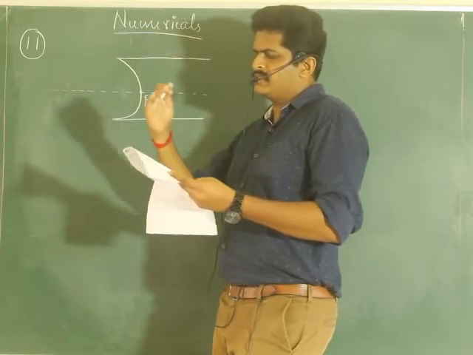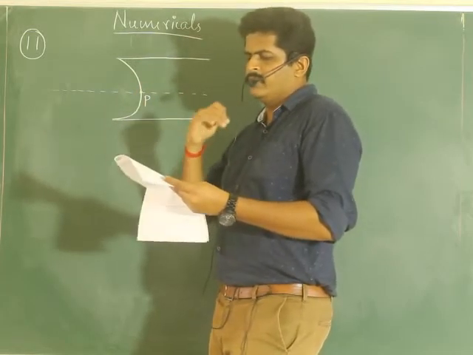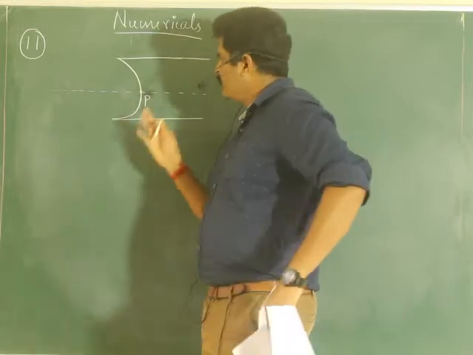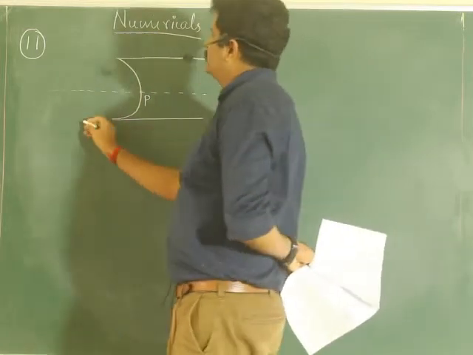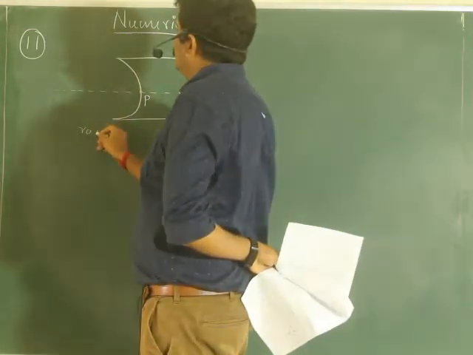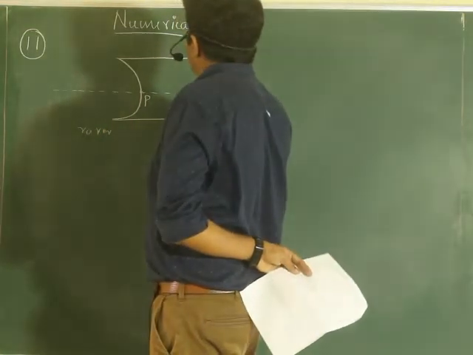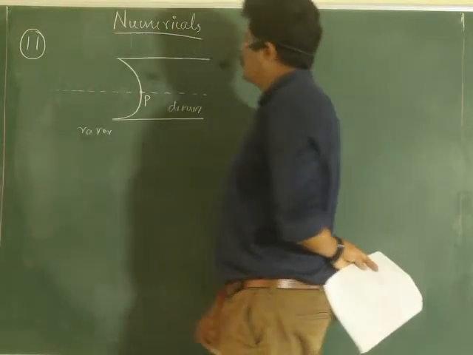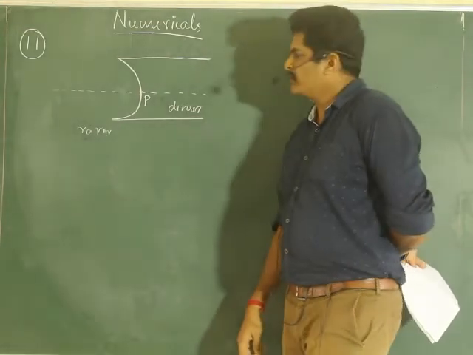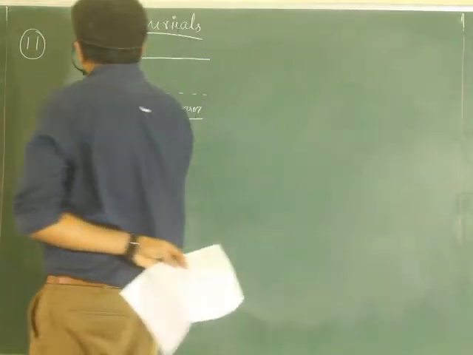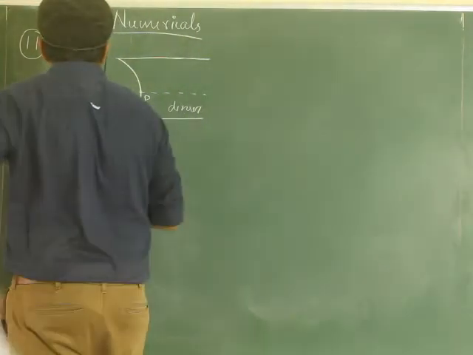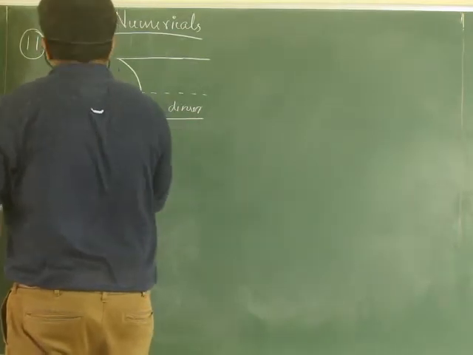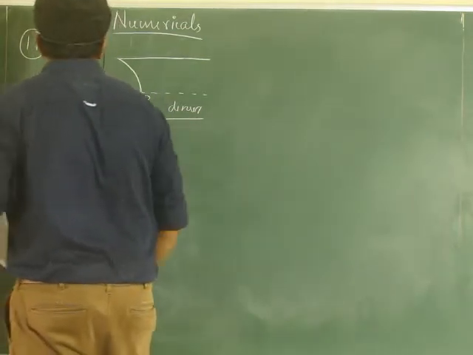An object lies at a distance of 0.2 meter from it in the rarer medium. So this is the rarer medium, correct? This is rarer, this is denser, right? They have given that the object is at one particular distance.